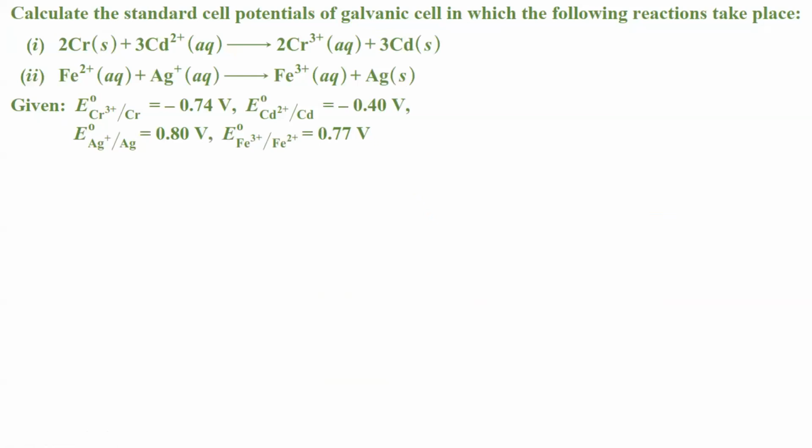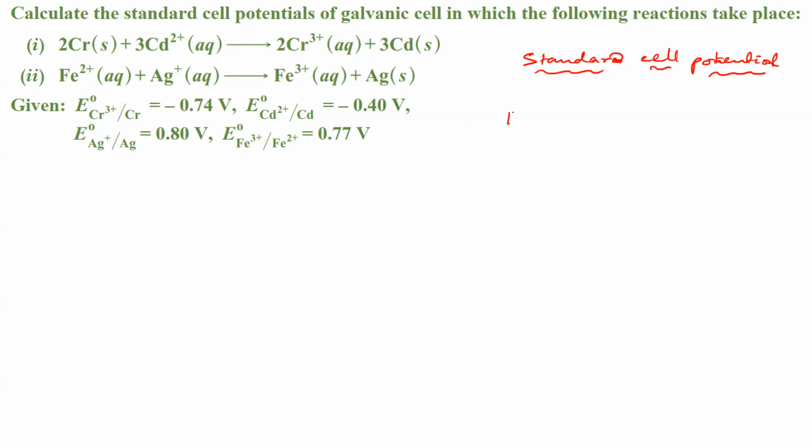Now, there is standard cell potential. Standard cell potential of the following reactions. There will be some formula in your book, but I will ask you to remember only one thing.